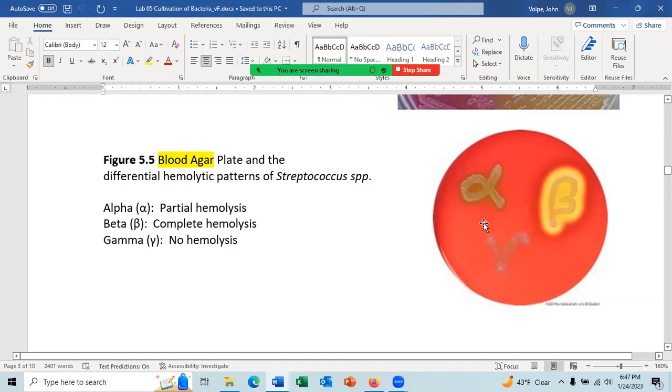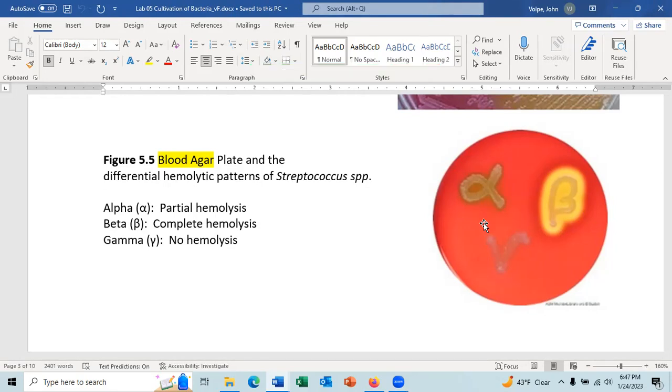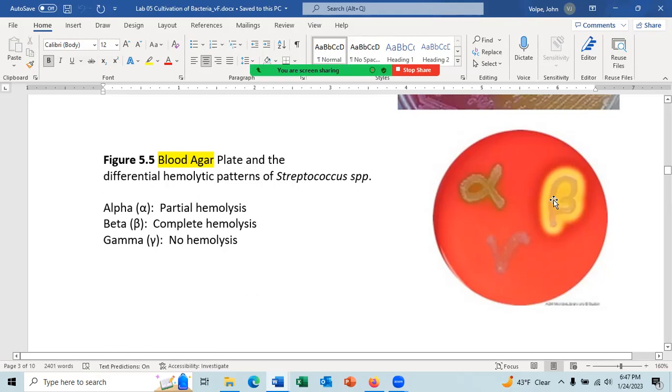So that's why it is an enriched media. It's also differential in that you can differentiate between different hemolytic activities. There's beta hemolysis, which is complete hemolysis of the blood.